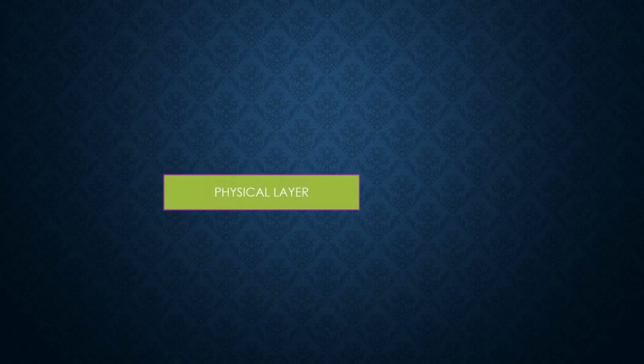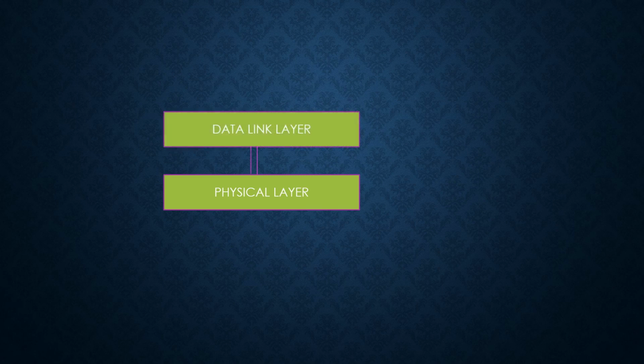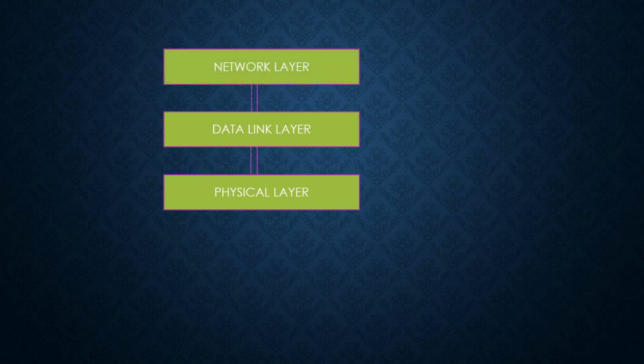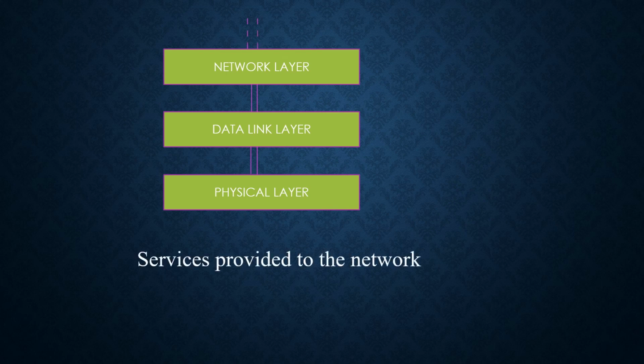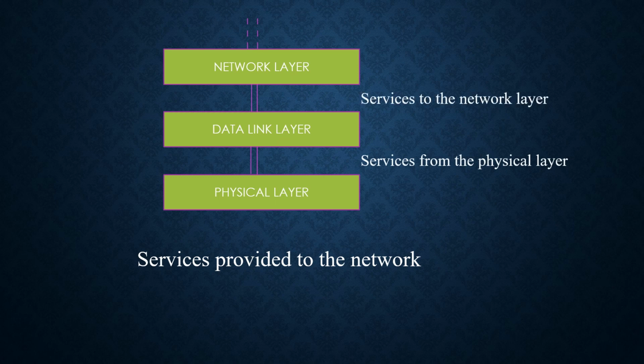Now we will be discussing the first function of design issue, that is services to the network layer. In the OSI model, each layer uses the services of the layer below it and provides services to the layer above it. The data link layer uses the services offered by the physical layer.